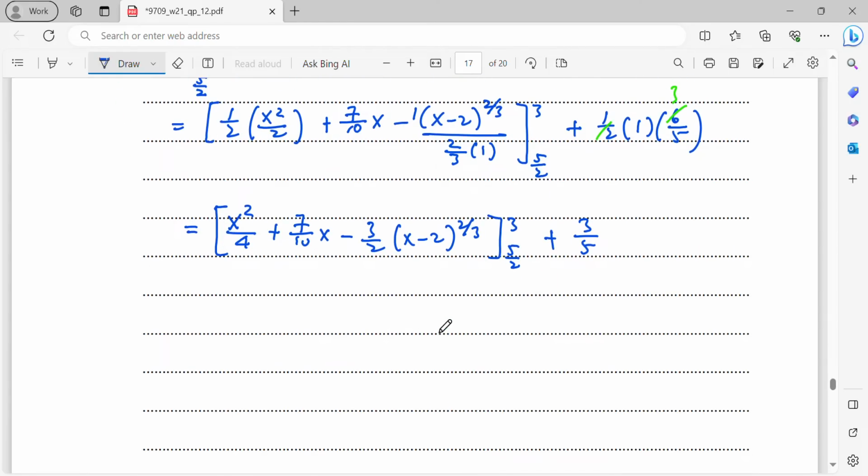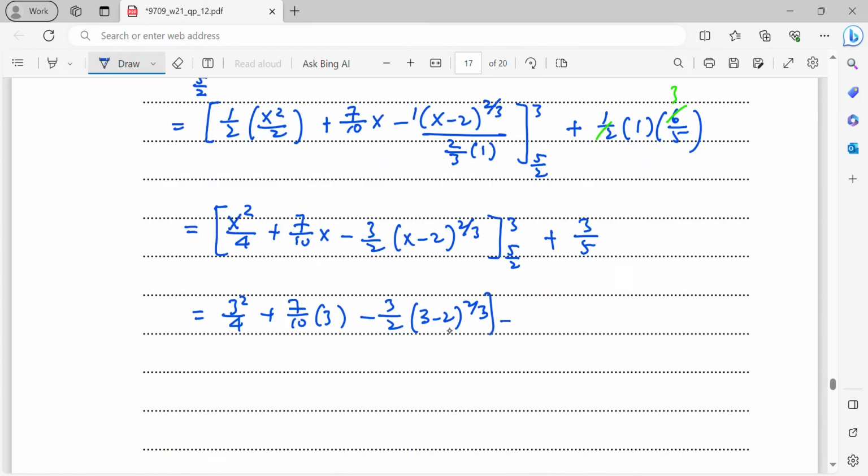Okay, then now replace the x by 3 first. So I will get 9 over 4 because 3 squared, plus 21, or probably I just show step by step, then it will be better. So here will be 3 squared over 4 plus 7 over 10 times 3 minus 3 over 2 times 3 minus 2 power 2 over 3.